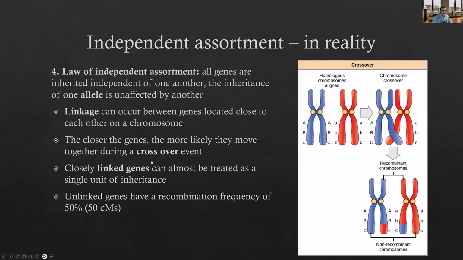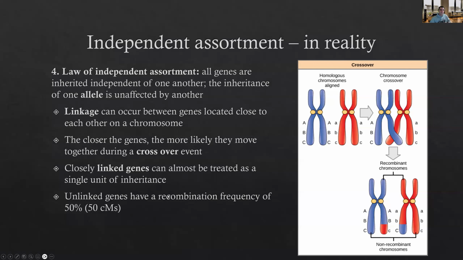This was actually understood by an American geneticist whose last name was Morgan, and he began to use this as a technique for exploring chromosome structure. Basically, you look at your results from your dihybrid crosses and see what your phenotypic ratio is. Unlinked genes will always have a recombination frequency of 50%, which he dubbed 50 centimorgans.